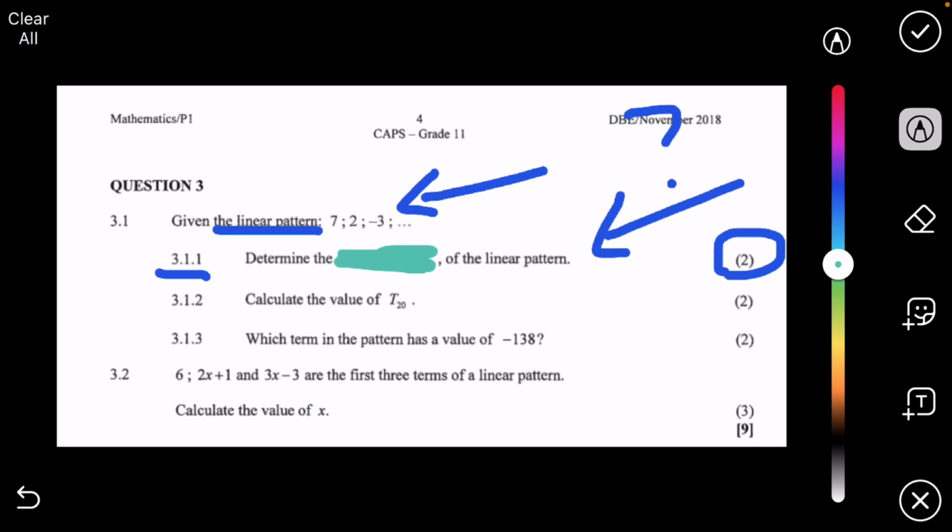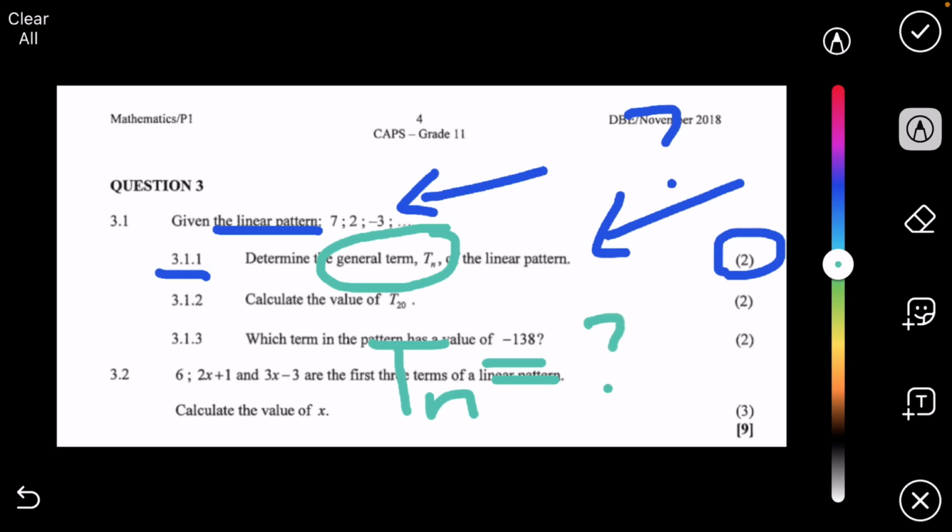Why is it important for us to be able to identify the cream of the question? It's because this part tells you exactly what you're supposed to do. It guides you in terms of how your final answer should look. That means your final answer has to be in the form of Tn equals something.